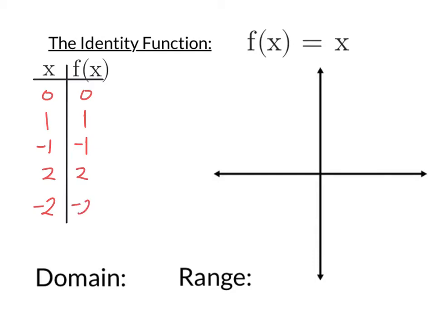It's the identity because whatever we put in is exactly the same as what we get out. So if we were to graph that function, we'd start at 0, 0, the origin, then 1, 1, -1, -1, 2, 2, -2, -2.